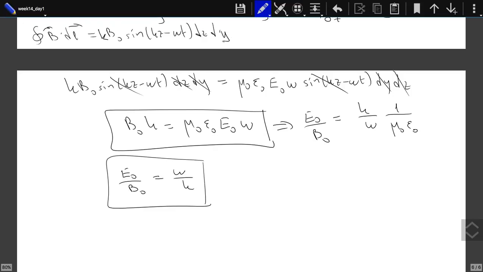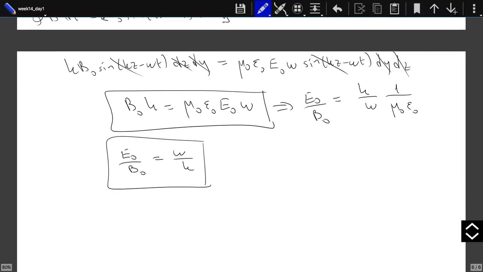This is from this relation. We have the ratio E0 over B0, and this was what we had obtained before. Both of these should be true. So omega over K should be equal to K over omega times 1 over mu 0 epsilon 0.